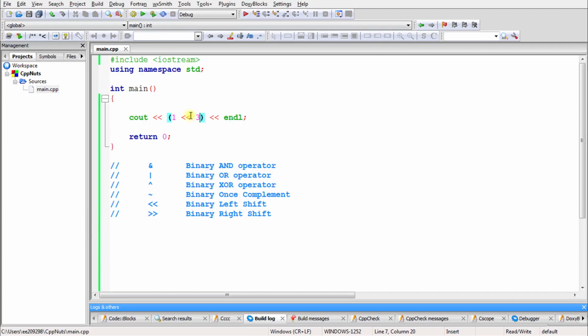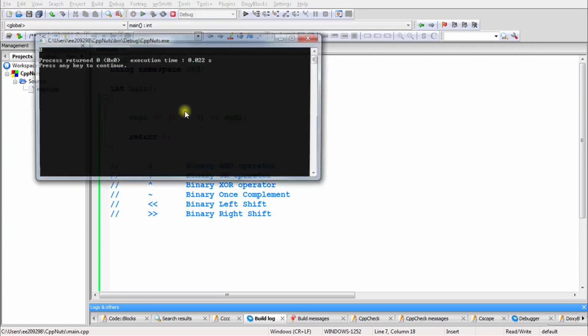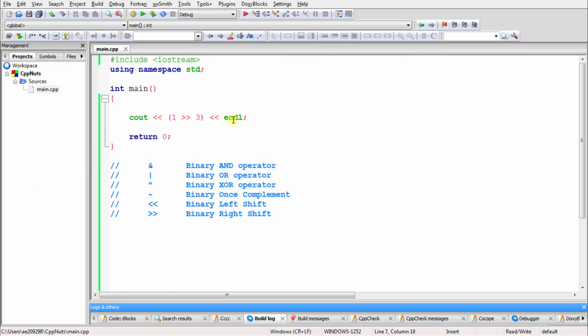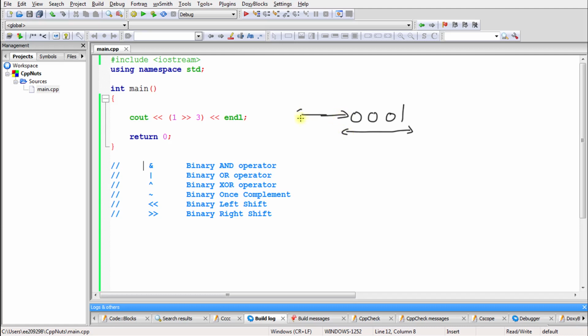Okay. So the same thing will work for right shift also. In this case, if you are shifting it left side, this is going to be 8, and if you are shifting it right side, this is going to be 0. Why 0? First, let's see the output here. See, it is 0, and the reason is we know how to write this 1. Okay, so this is the binary representation of your 1, assuming you have 28 bits as zeros here.